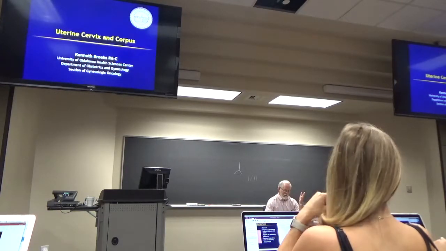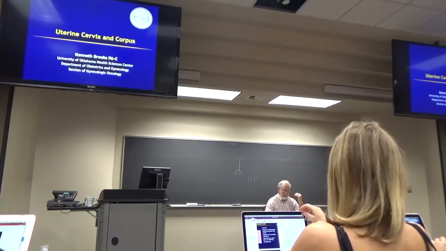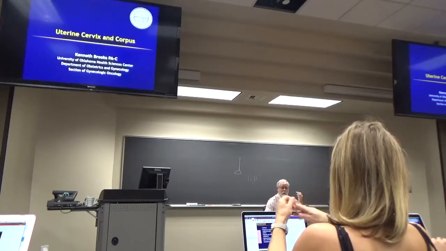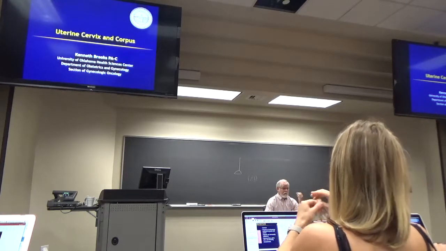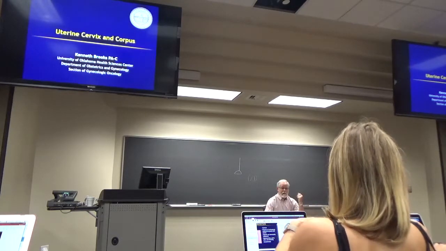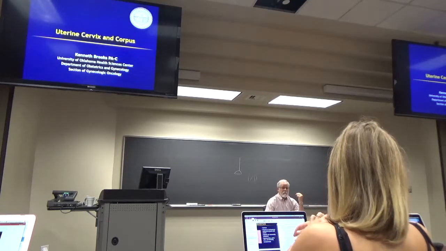So again, endometrial cancer is divided into type 1 and type 2. The most common is type 1. And if a lot of you are going to wind up in primary care settings, you're going to see type 1s, and eventually you'll see type 2s as well.